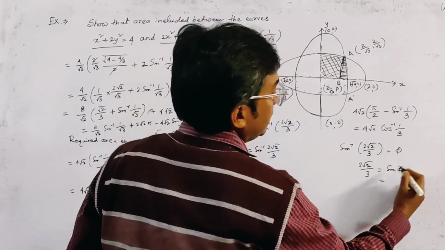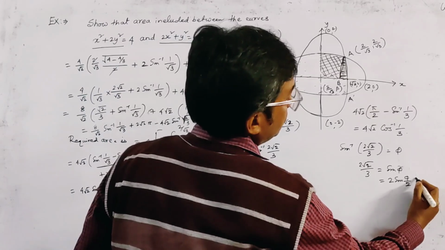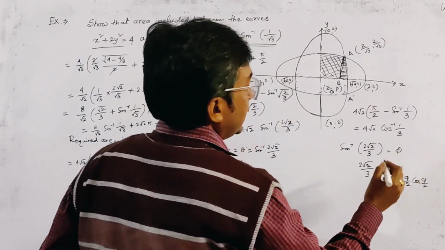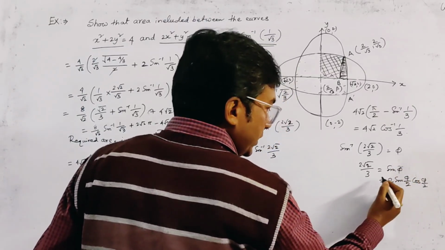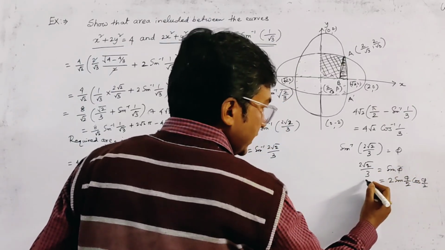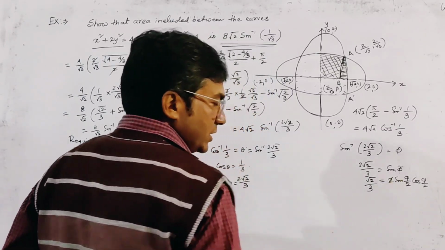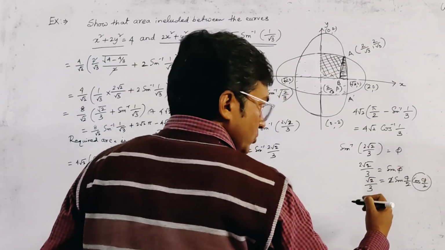Okay, and we expand it: this is 2 into sin phi by 2 cos phi by 2. Now we cancel out 2 and 2, and we get root 2 by 3 on the left. Now we find the value of cos phi by 2.